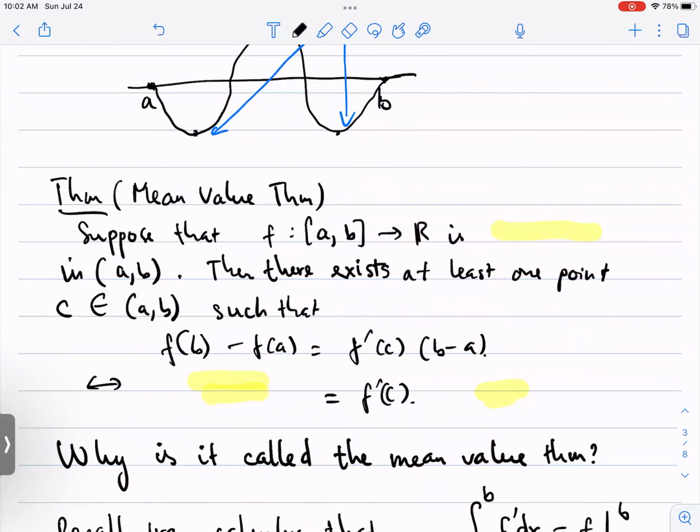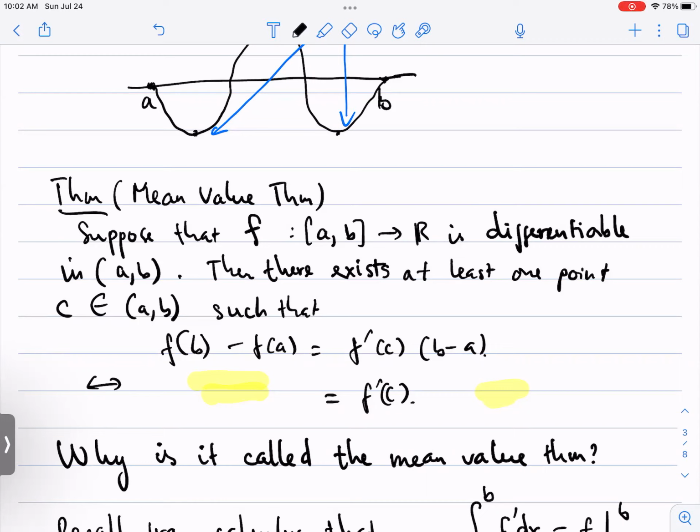Now we are ready to state the mean value theorem. Suppose that f is a function from some interval [a, b] to the set of real numbers, differentiable inside the interval.